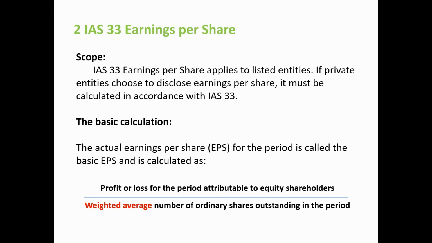Here, weighted average matters because companies may issue additional shares, either as bonus shares, rights issue shares, or placement. If so, the number of shares may increase in the middle of the year, or in a financial year. For that, it is required to calculate the weighted average number of equity shares.